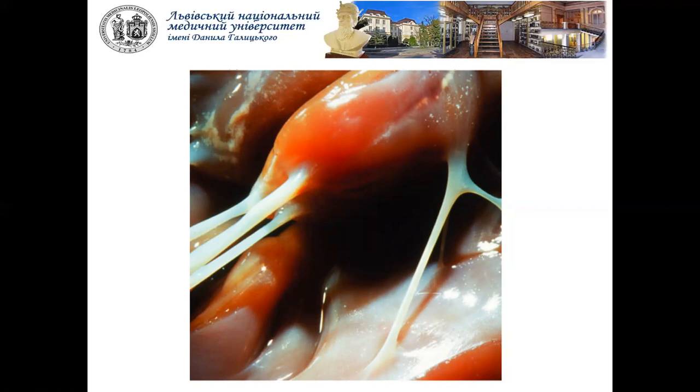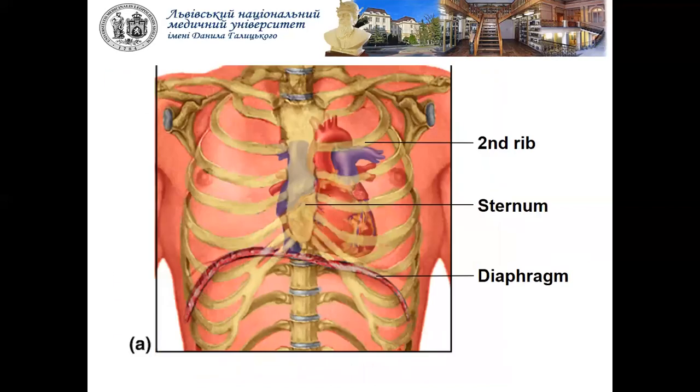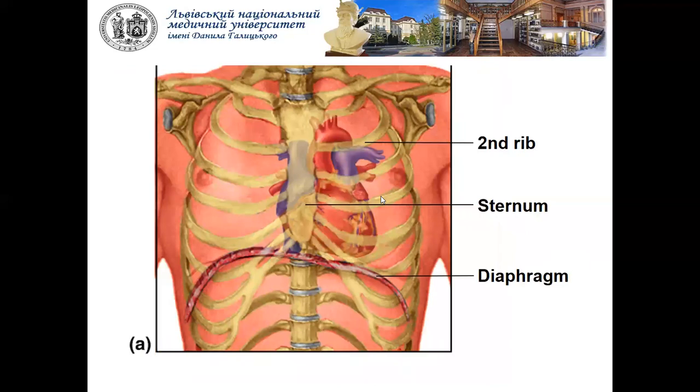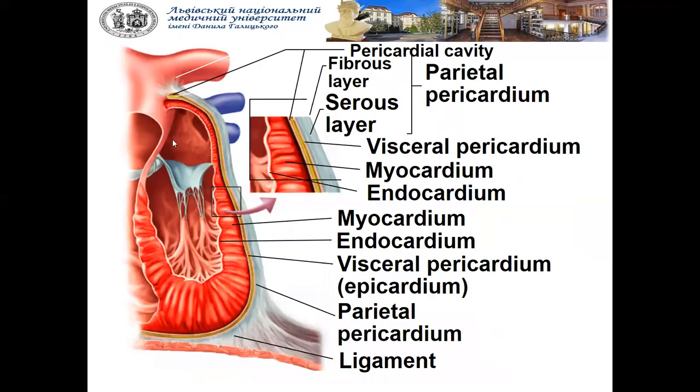So the normal weight of the heart is near 200-300 grams. It is located behind the breastbone, the sternum, in the middle of the chest, a little bit to the left. On both sides of the heart we have the left and right lungs. Behind the heart we have the vertebral column, and the heart is located inside the pericardium, the big sac for the heart, right?